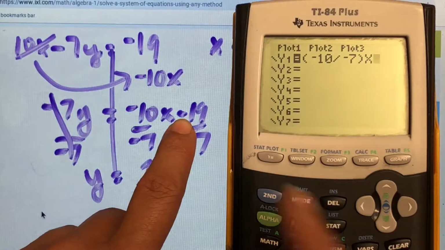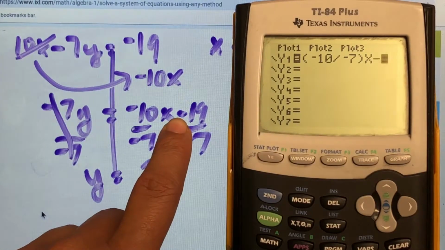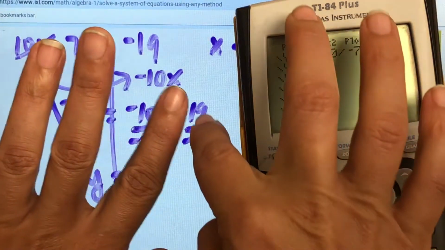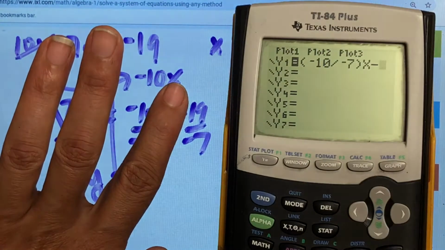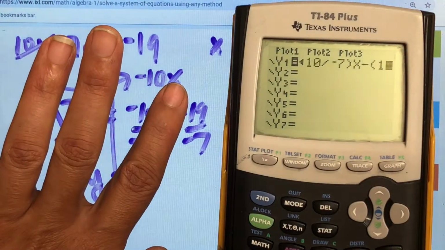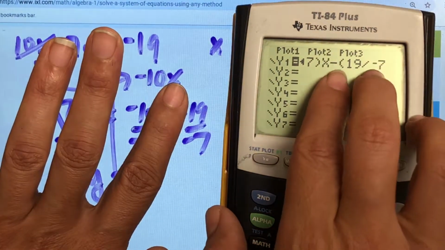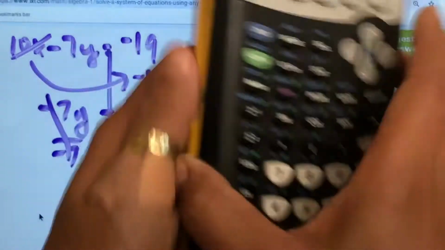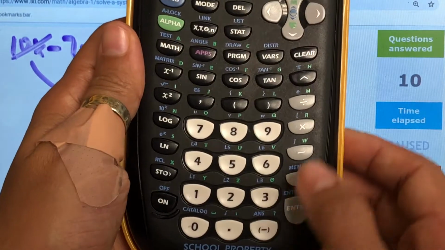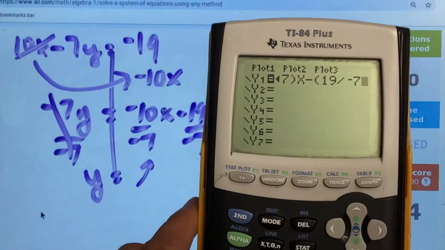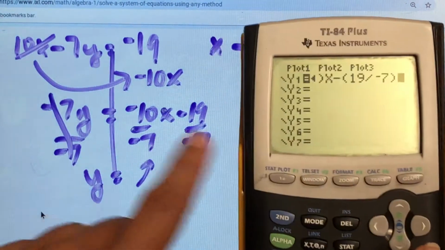So I can just go ahead and put this negative or minus, and then I'm going to put the rest of it in parentheses because it's a fraction. So parentheses 19, and then divided by a negative 7. So there's a difference you see between the minus and the negative. All right, so make sure that you're using negative for negative and minus for minus. All right, close the parentheses, and there's nothing else after that.